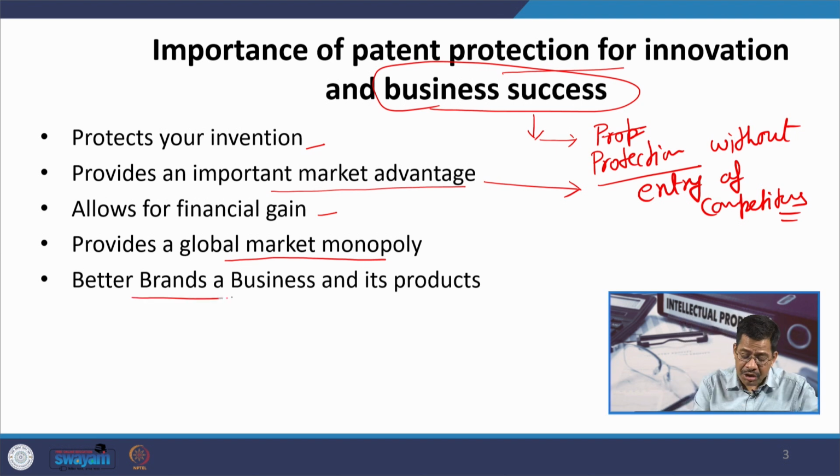Organizations having more and more IP, it is directly contributing to their goodwill and their branding. So, we know that organizations are branded on the basis of their IP creation in this knowledge economy era.